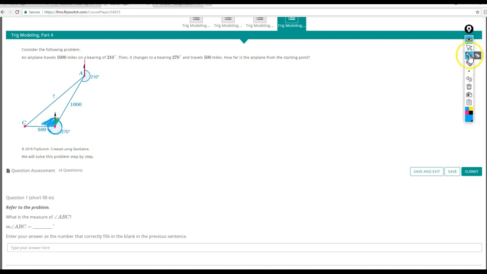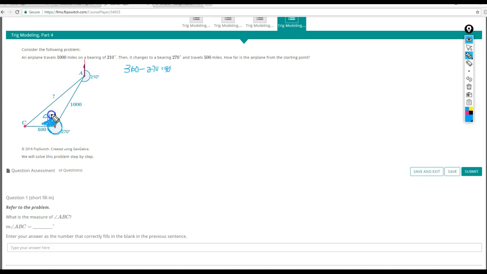So then I'm going to say, okay, that section, if I have a whole circle here, would be what's left of the 360 degrees. So I'm going to take 360 degrees and subtract the bearing from it, which is 270 degrees. So 360 minus 270 is 90. So that portion has an angle measure of 90 degrees.